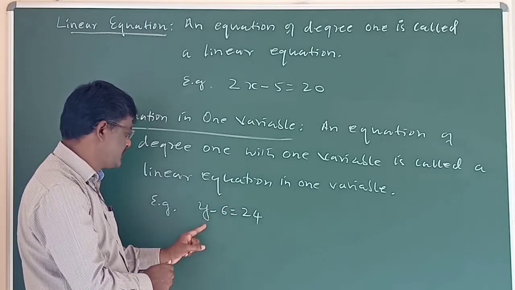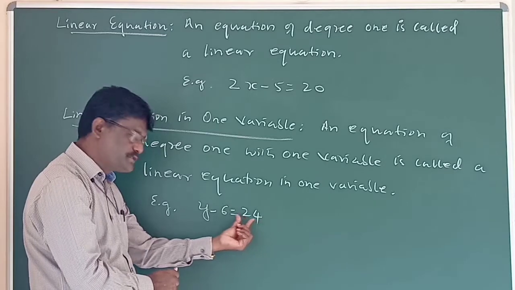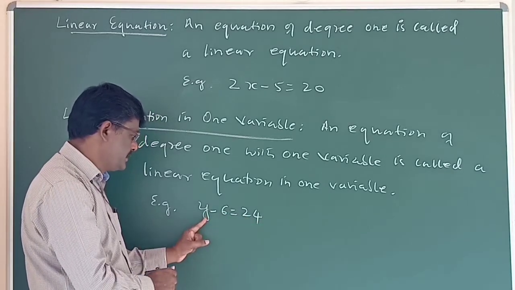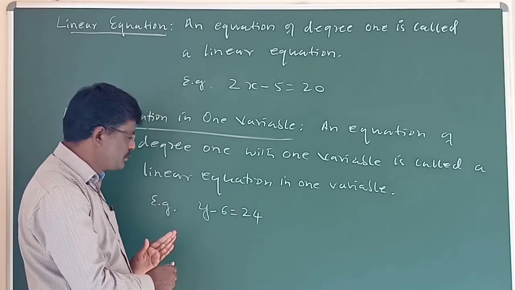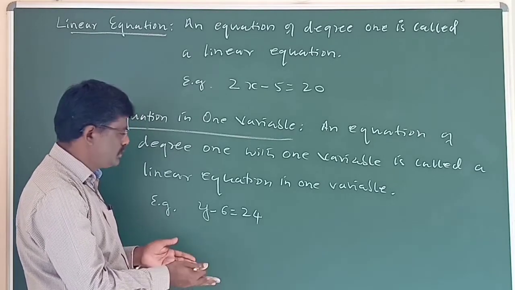What is that? For example, now when the right side is 24, for which value of y? If y equals something, how to get that y? We need not guess. We know how to solve that.